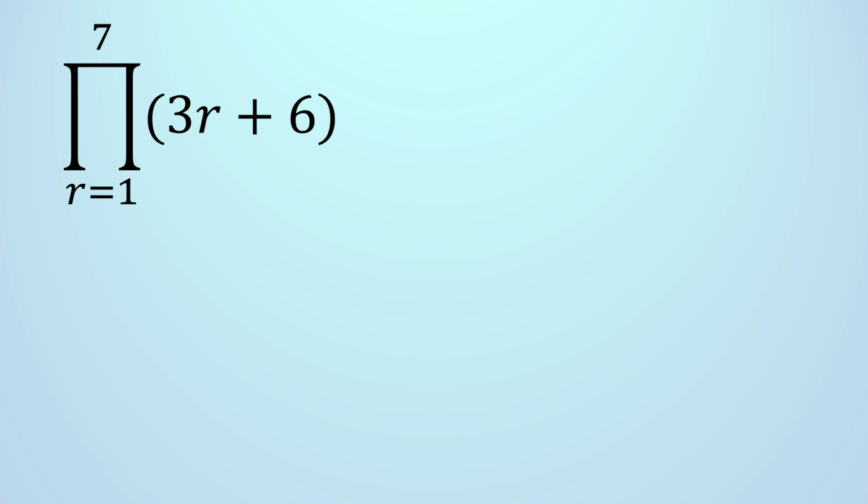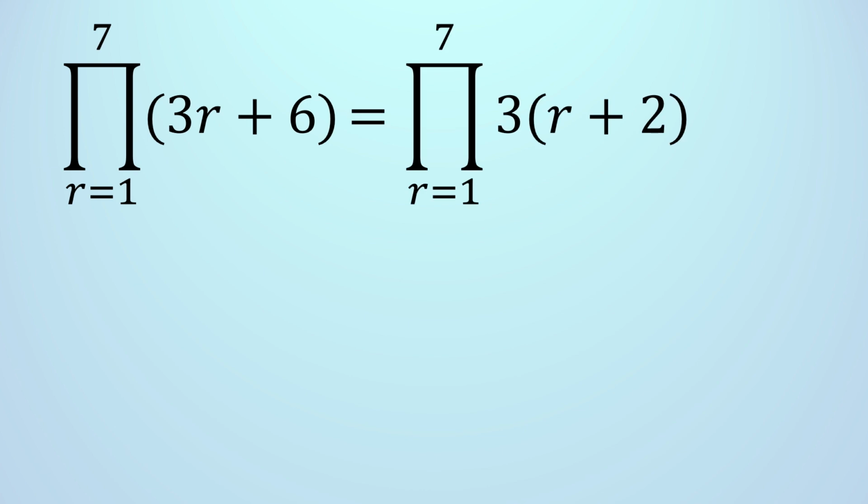That's important because it allows us to apply a little trick that we otherwise can't normally do. What we can do in this case is we can factorize that coefficient of r out of both terms. So that leads us to 3 lots of r plus 2, and that's really useful because it allows us to do a substitution. We could say let u equal r plus 2, and therefore we can rewrite this product so it's in terms of u rather than r.